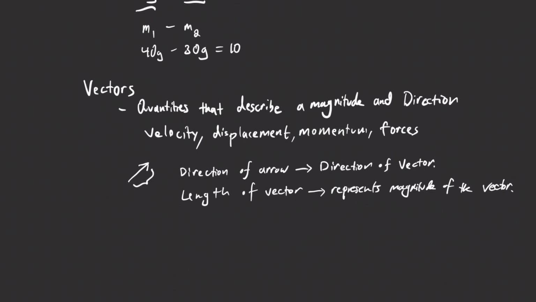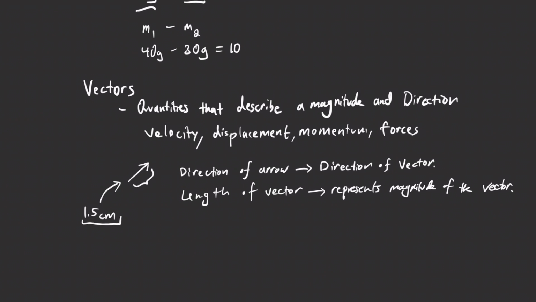It's important to note that the length of the vector is not necessarily equal to the magnitude of the vector. What it more means is the length of the vector is proportional to the magnitude of the vector. Because, for instance, this arrow literally is probably about 1.5 centimeters.